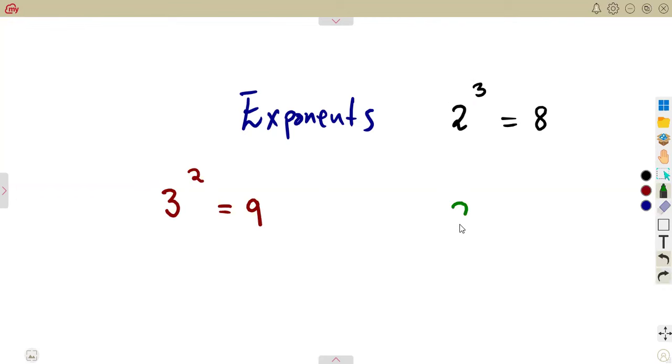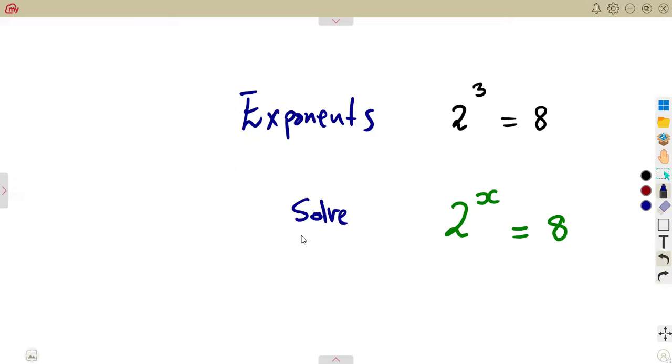Instead of giving you that, they are going to set an unknown value for it. Maybe 2 to the exponent of x is equal to this 8 that we are seeing, and they will ask you to find or solve for x. It's now an equation when it is like that.